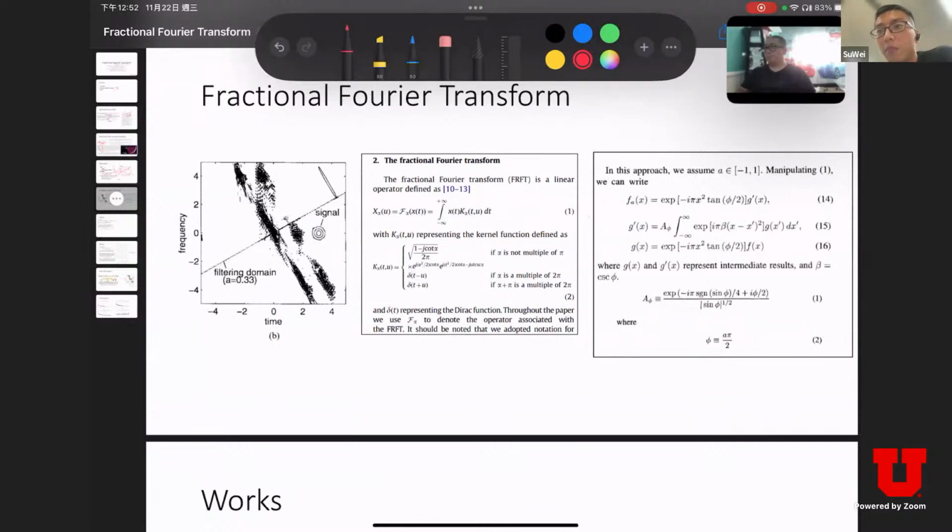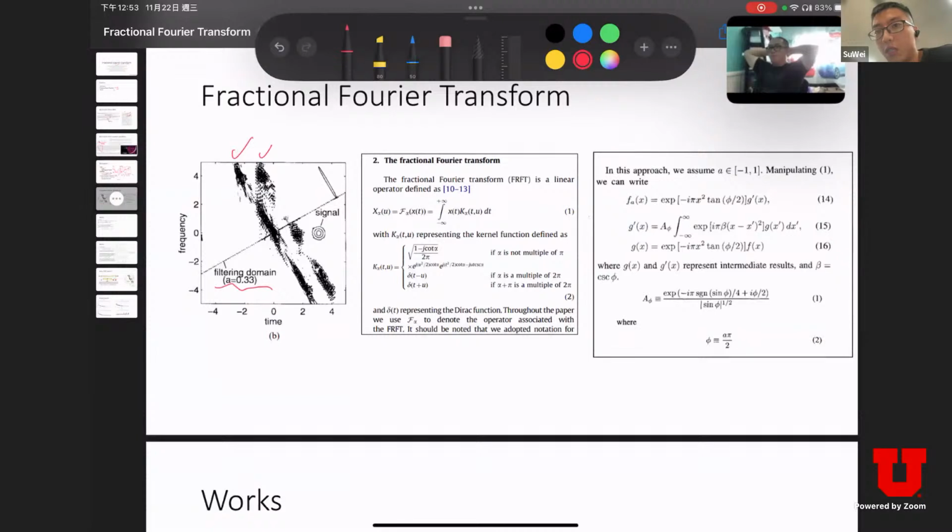So here is an example about the definition and how people implement it. In this paper, the black part is noise, and here is the signal, and here is the fractional FRFT.